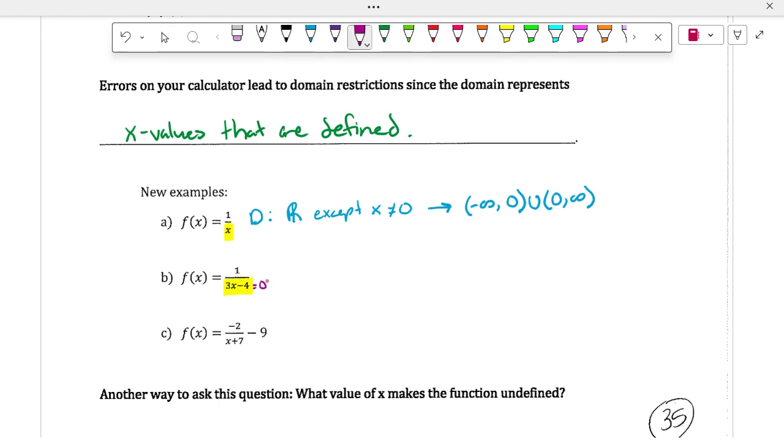If we set 3x minus 4 equal to 0, because we have to find the x value that makes that bottom 0, we end up getting x equals 4/3. So the domain is all real numbers except x cannot equal 4/3. In interval notation, it's from negative infinity to 4/3, parenthesis, union 4/3 to infinity.